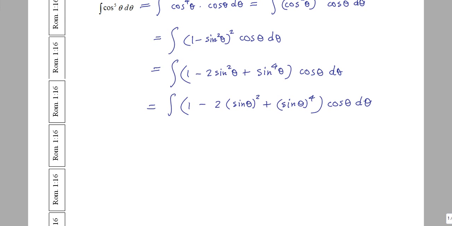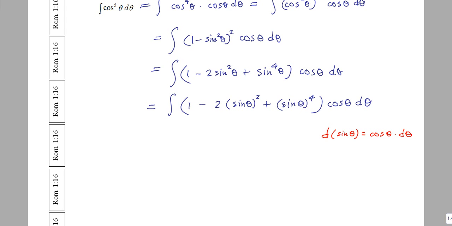And now, at this point, what I'm going to recognize, and I've shown this in a previous video, so if you're not too clear on what I'm doing here, please do visit my previous video when I did this, but I can go ahead and write the following. I can say d of sine of theta, using the chain rule here, is equal to cos theta, the derivative of sine is cos, times d theta.